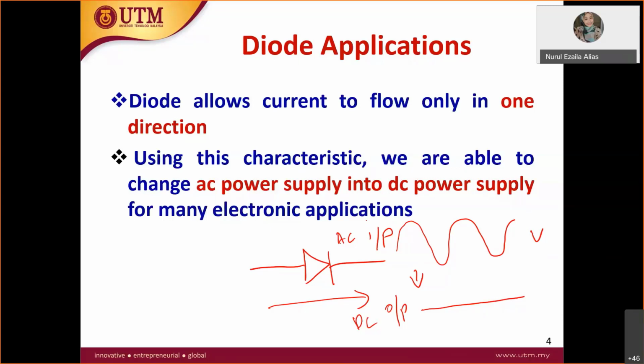Now you want a direct current output voltage, which means you want a straight line voltage, very straightforward, for example 10 volt. So how do you transform from this AC input to the DC output?